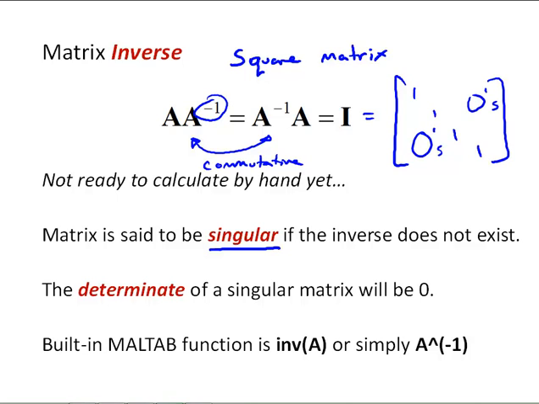That's the definition of a singular matrix. Another note is that the determinant of a singular matrix will be 0. So that's one helpful thing that the determinant can tell us: whether a matrix is singular.